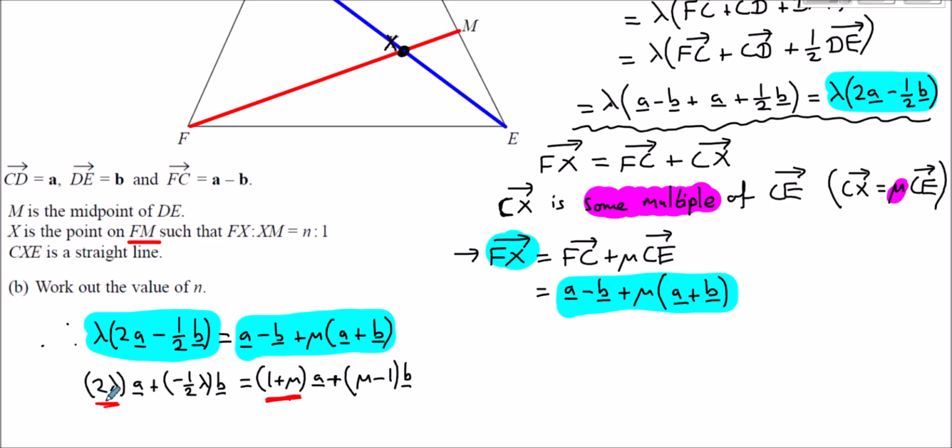The coefficient of A over here must be the same as the coefficient of A over here too. And as well as that, for B stuff, this minus half lambda must equal this over here.